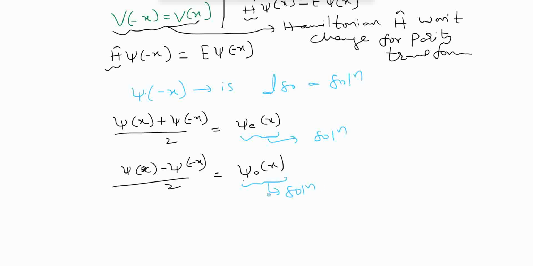So when the potential is an even function, the solutions can be an even function, or the solutions can be an odd function. These are the ways we understand the properties of each and everything of the Schrodinger wave equation, whether it's the Hamiltonian or energy or the wave function or the potential.